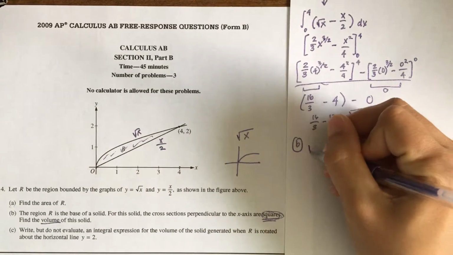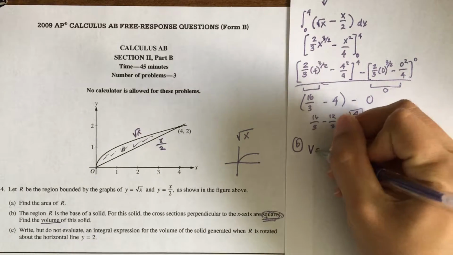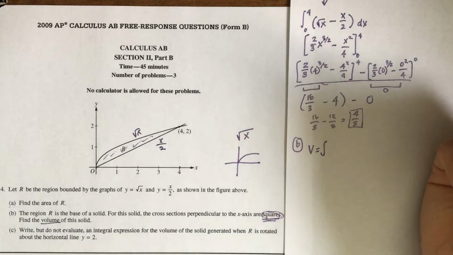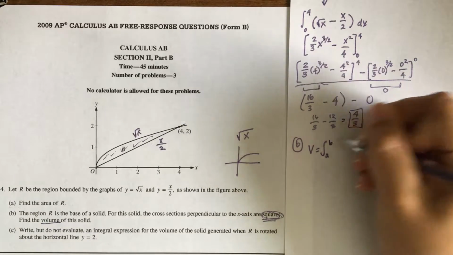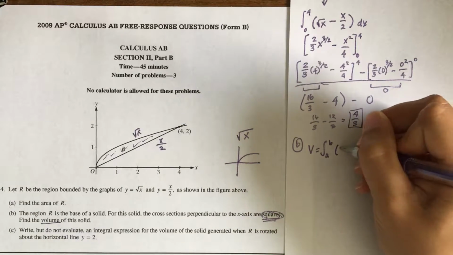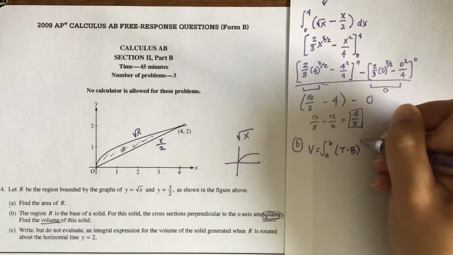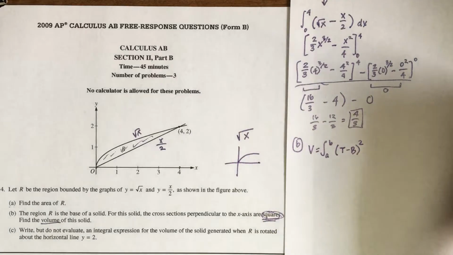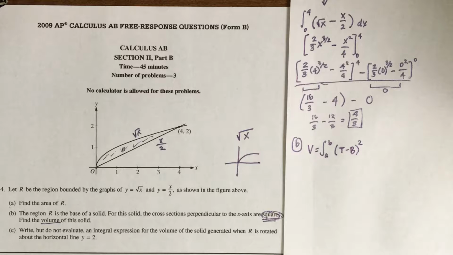So the general formula for this that you have to know is, again, the integral from a to b of, and you still keep it top minus bottom, but you would square it because for squares, the formula for the area of a square is base times height.